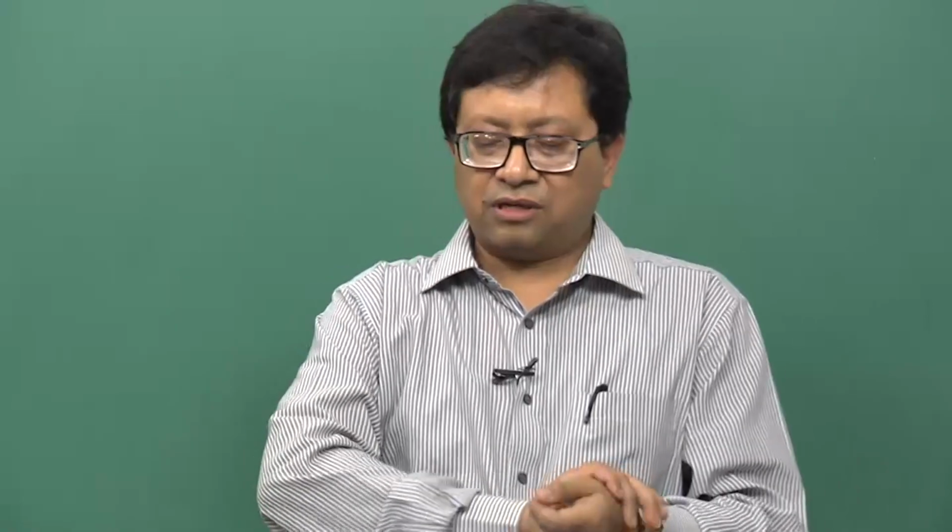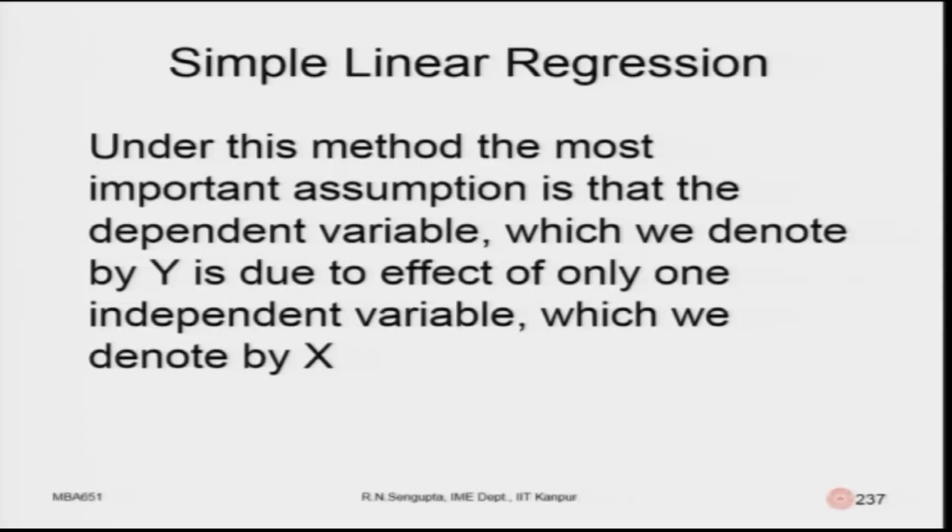Under this method, the most important assumption is about the variables. I am sorry, x should have been bold in order to denote a vector or matrix, but for the time being we will consider simple linear regression.